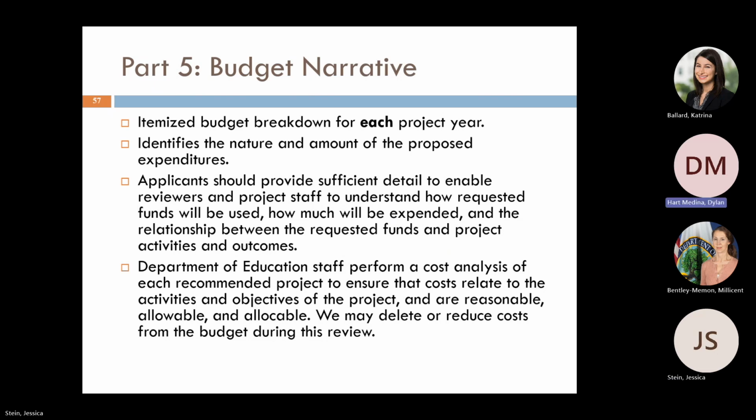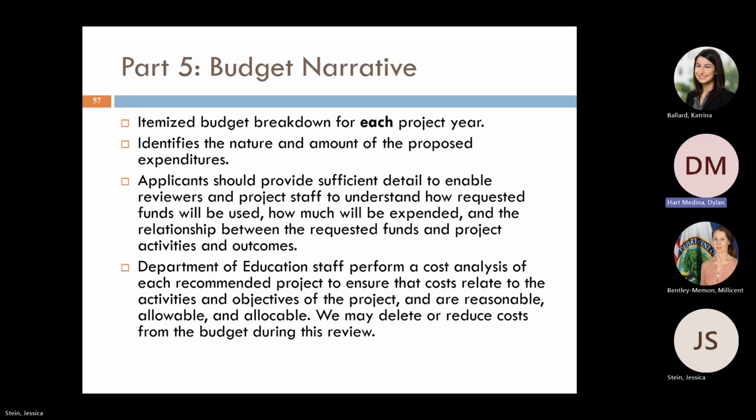Thank you, Jessica. Part 5 of the application is the budget narrative. The budget narrative is an itemized budget breakdown for each project year, and it identifies the nature and amount of the proposed expenditures. Applicants should provide sufficient detail to enable reviewers and project staff to understand how requested funds will be used, how much will be expended, and the relationship between the requested funds and project activities and outcomes.